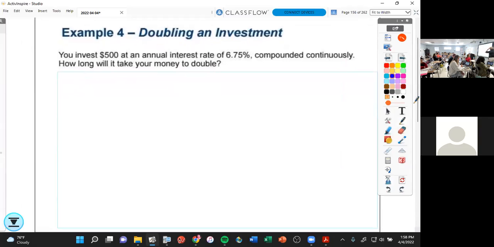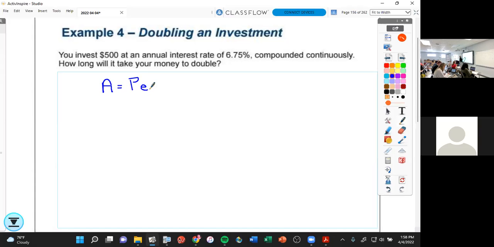Doubling an investment. You invest $500 at an annual interest rate of 6.75% compounded continuously. How long is it going to take you to double your money? What is the formula for continuous compounded interest? A equals what? P E raised to the RT.